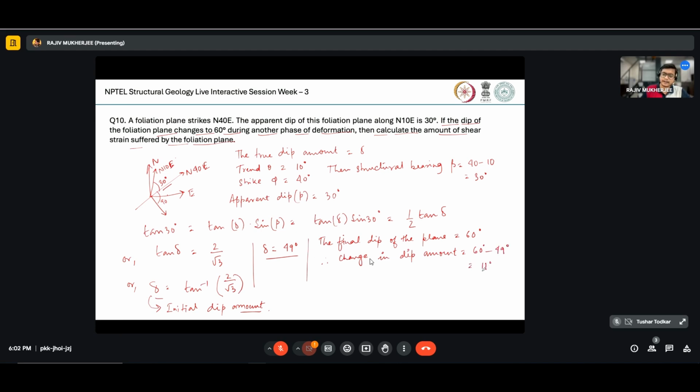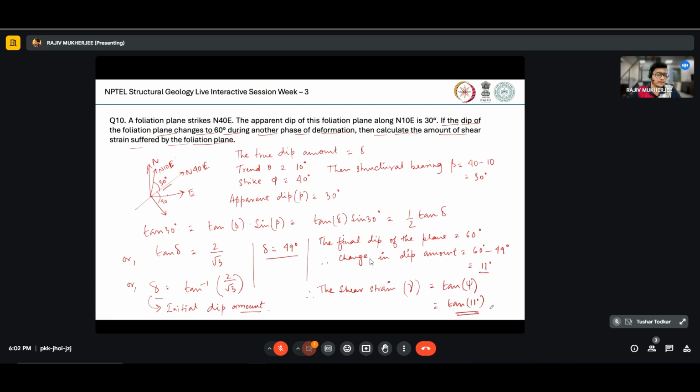And therefore the shear strain, we know shear strain gamma is equal to tan of psi, that is the change in this angle, that means tan of 11 degrees. If you calculate the value of tan 11 degrees, you can eventually get the shear strain value. This is how we can calculate the amount of shear strain suffered by the foliation plane.